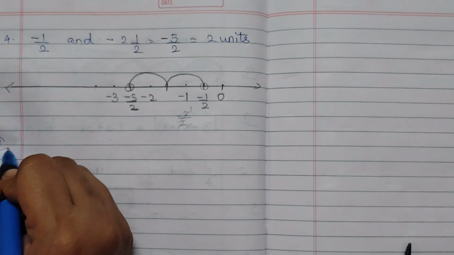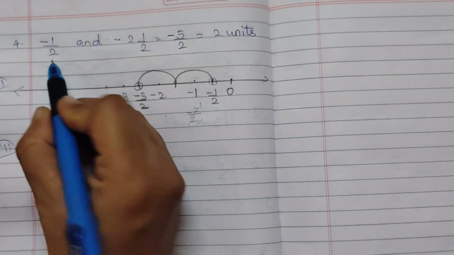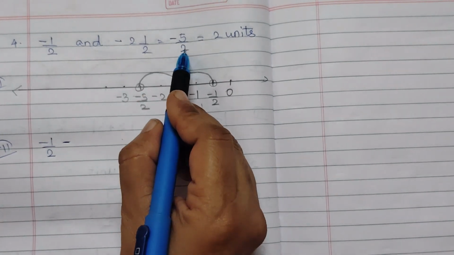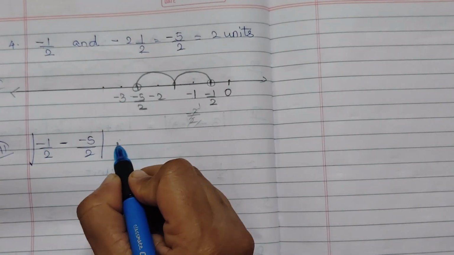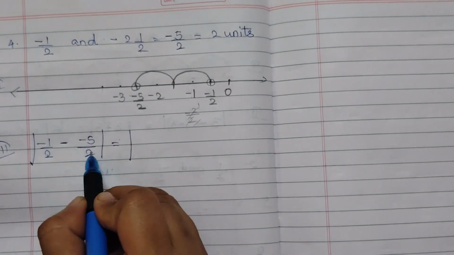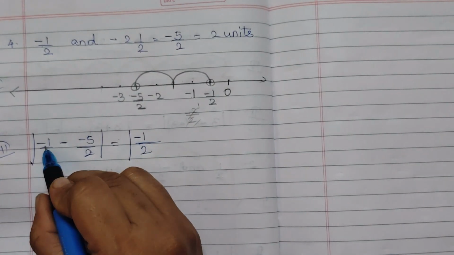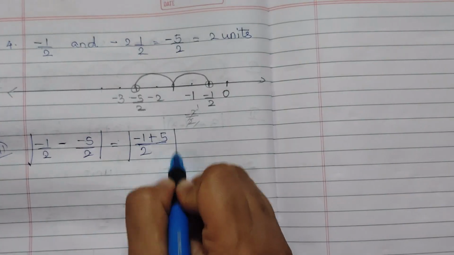Now we will see the second method. So I will write minus 1 upon 2 minus 5 upon 2. Okay, now 2 in common I will write. Up I have minus 1, then minus and 5.